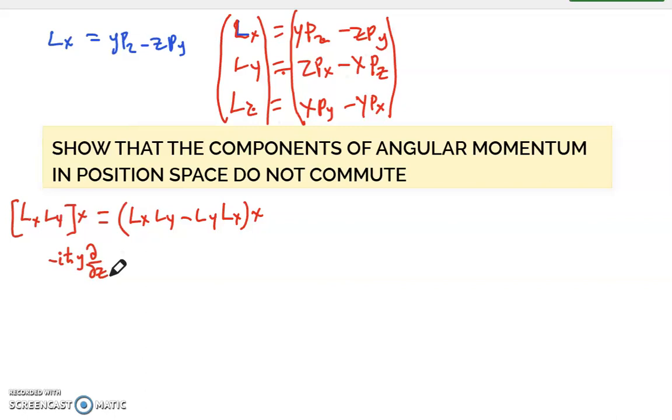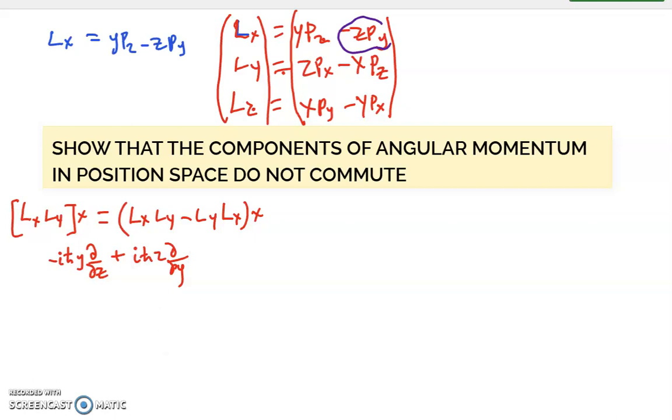So it is going to act on this: i h cross y d/dz plus i h cross z d/dy. Of course, this represents this component that you can see here.